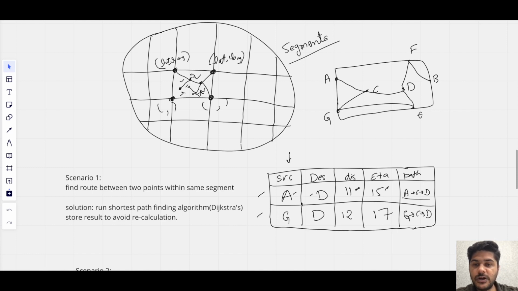You will directly go into the database, you know your source, you know your destination, and you will simply return this information. And if there are multiple routes, think that there will be 2-3 entries, you will return all of them, and then another service will do the ordering, sorting and filtration, and simply return it to the client. So this is very straightforward for you. It is just like querying from a DB and serving to your client.